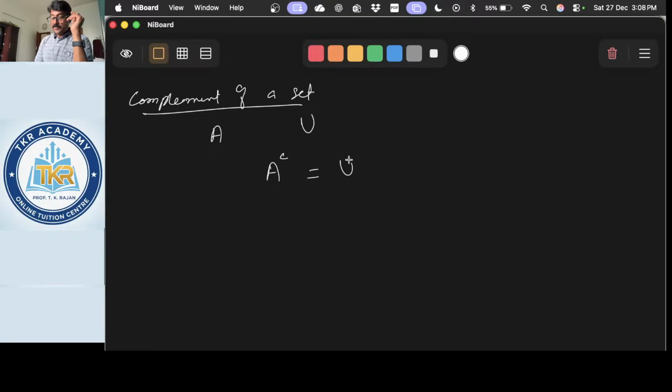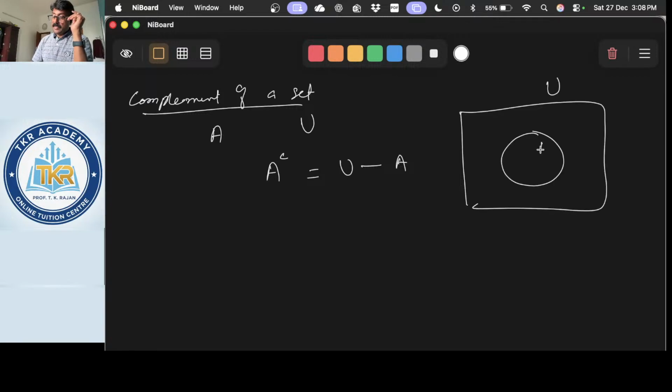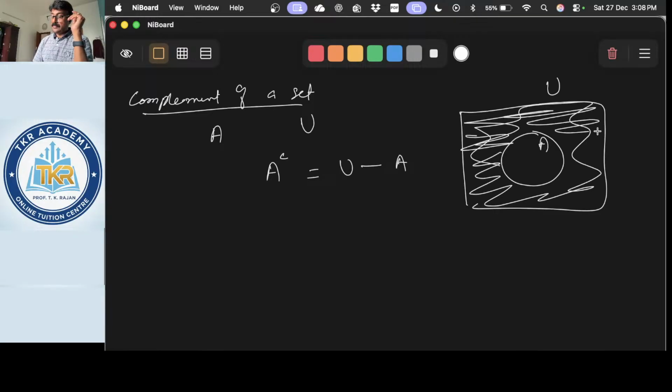It is U minus A. Suppose this is U and this is our A, then A complement is this shaded part.